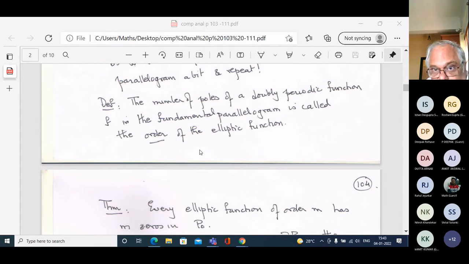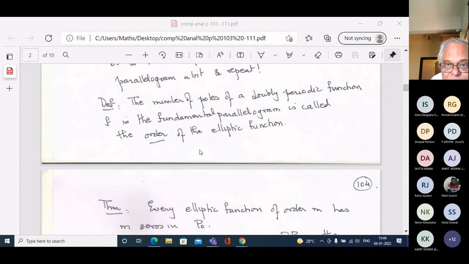So the number of poles of a doubly periodic function in the fundamental parallelogram is called the order. The question is how do you actually construct these things of different orders? But one corollary is that every elliptic function of order m has exactly m zeros.